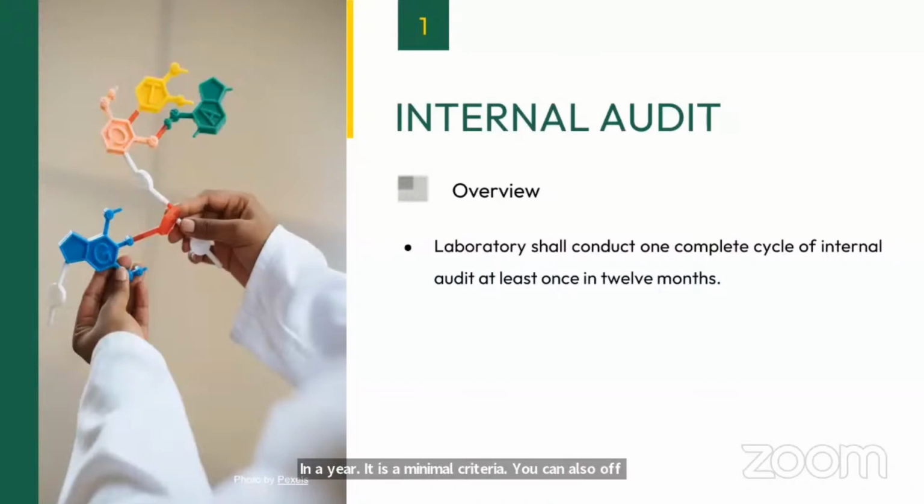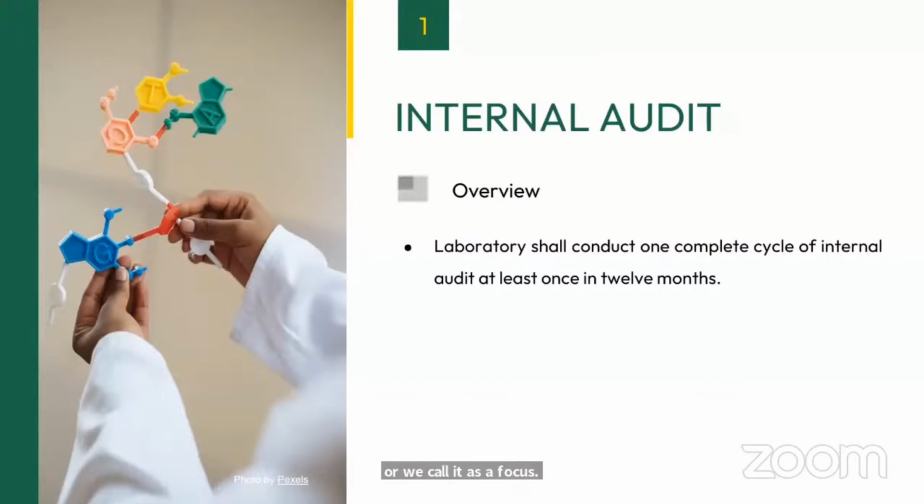So basically when it is required, when you have newly implemented any management system, any guidelines, any new areas, or certain new tests included in your laboratory work processes, you may require an additional audit, or we call it a focused audit.